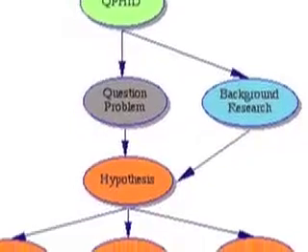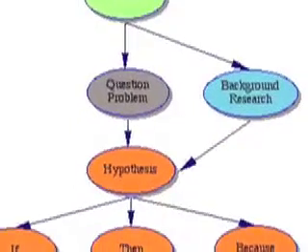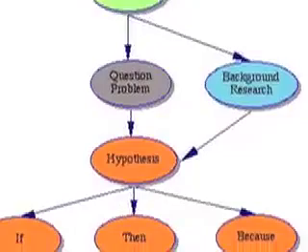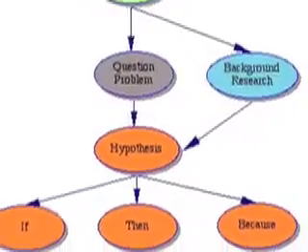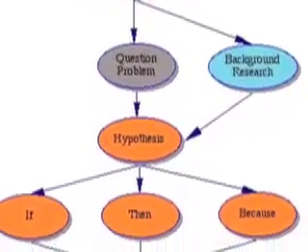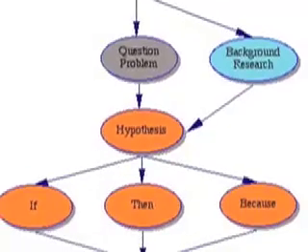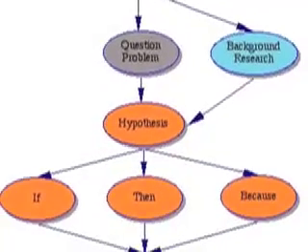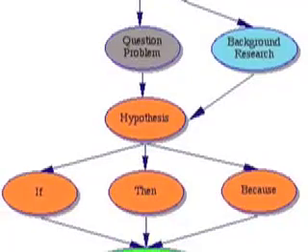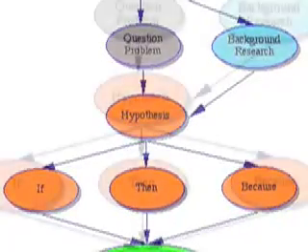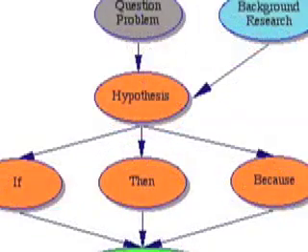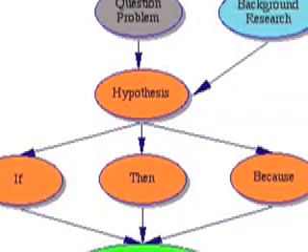Now this leads naturally to a structure for the hypothesis of if, then, because. For example, if I grow plants under 4 colors of light, green, red, blue, and yellow, then green will grow the plants the best because plants are green.